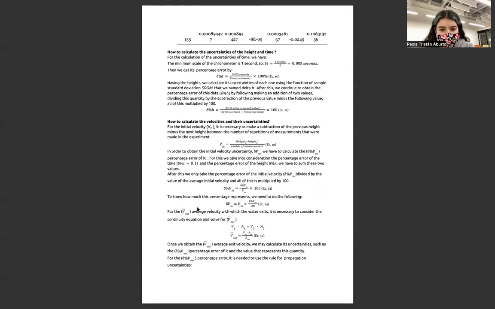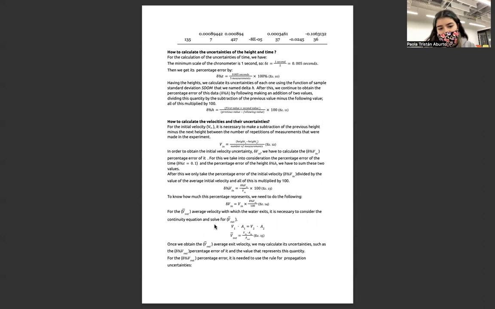So we have the following procedure. First we calculate the percentage error of the initial velocity. Then we calculate how much it represents of this percentage, which we multiply by the value of the initial velocity times the percentage error of this velocity, and this divided by 100.